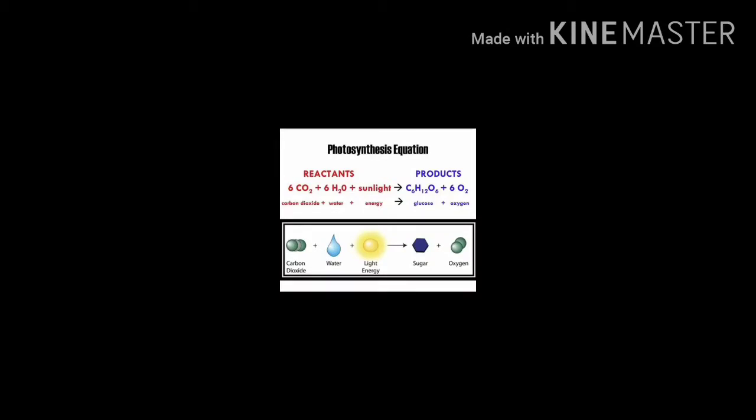Then of course the chlorophyll pigment, inside the chlorophyll pigment only all this activity will be taking place. Then what all are the products which are formed? Starch or glucose, that is C6H12O6, plus 6 molecules of oxygen, and also the liberated 6 molecules of water is given out. Here it is not mentioned.